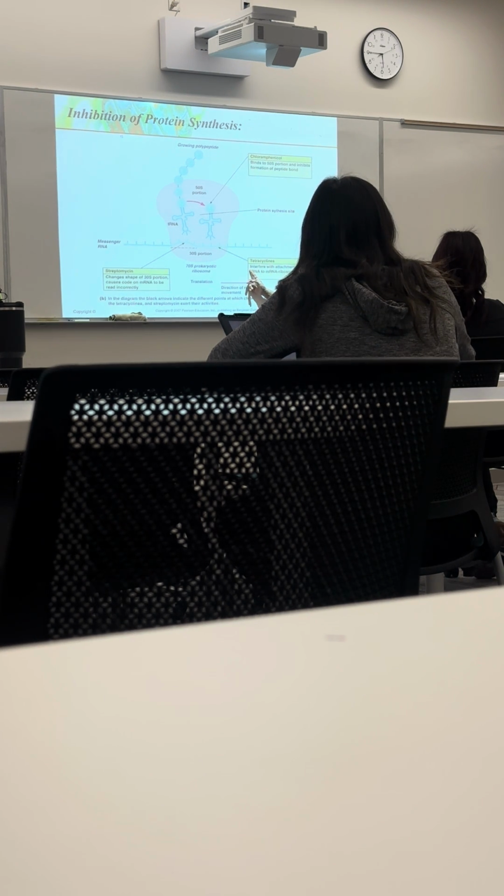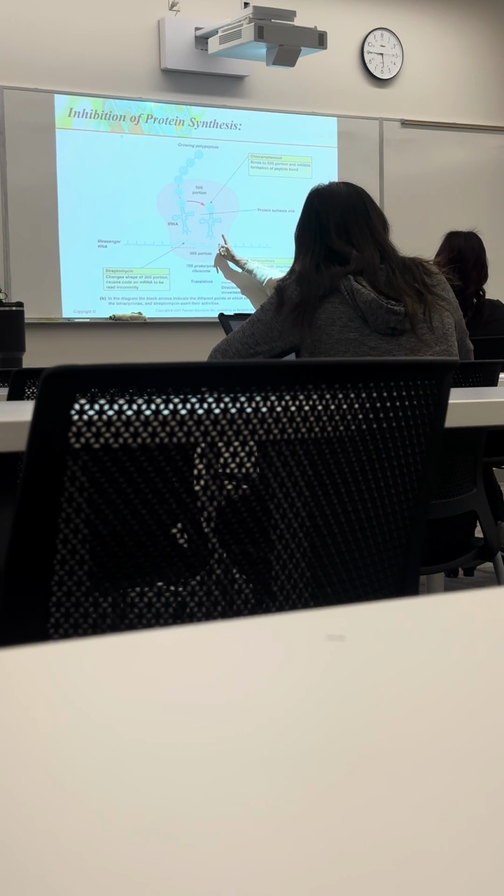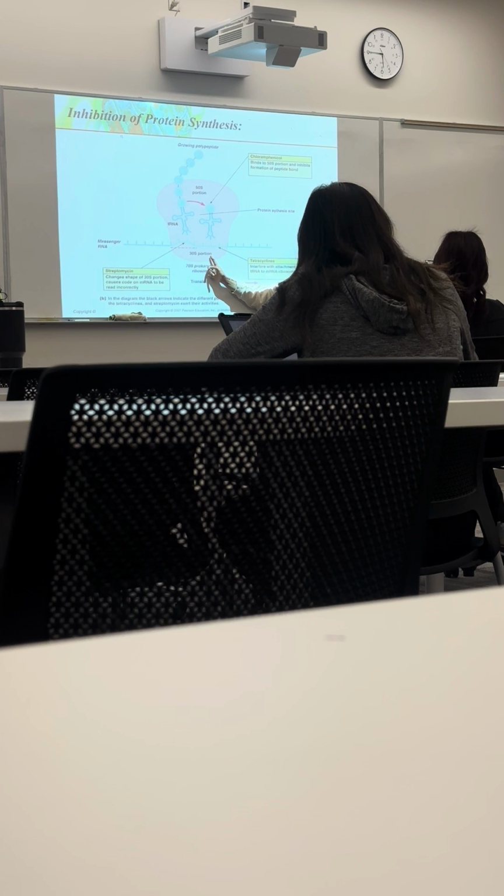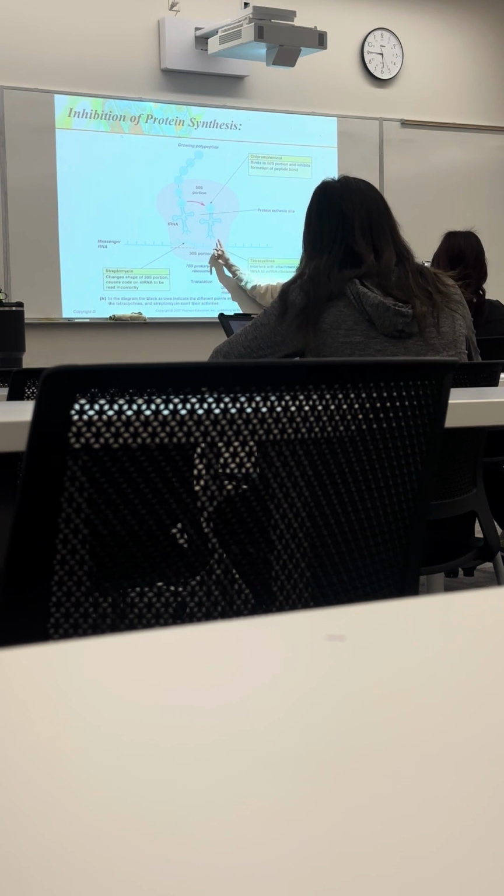Tetracycline. Tetracycline starts with a T. Tetracycline targets the tRNA. How does it do that? It prevents the anticodon region of the tRNA that's supposed to bind with messenger RNA. That recognition is not going to happen.